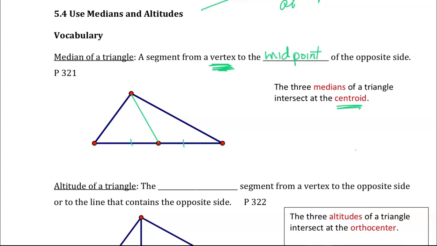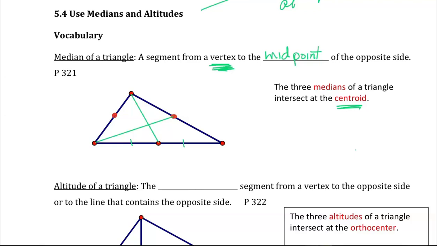Let's find another midpoint. I'm going to just roughly say that looks about right. And I'm going to start from the vertex opposite that side. And there I go. Now I need one more. Let's come over to the far right vertex and find that midpoint.